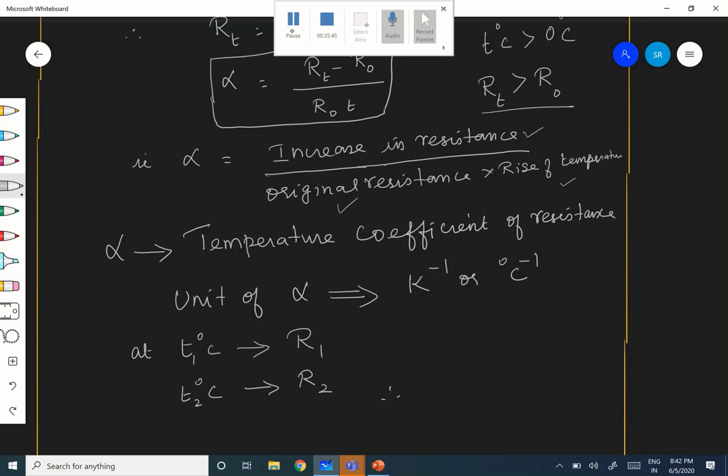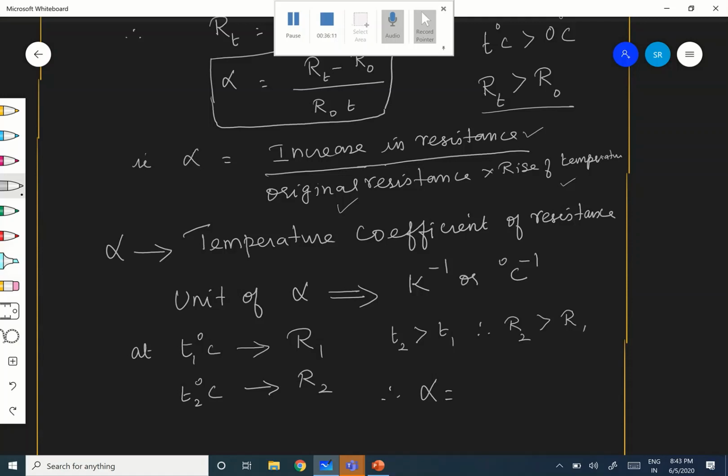Here T2 is more than T1, therefore R2 will be more than R1, because everything we are dealing with now is only a conductor. As you increase the temperature, the resistance will also increase.